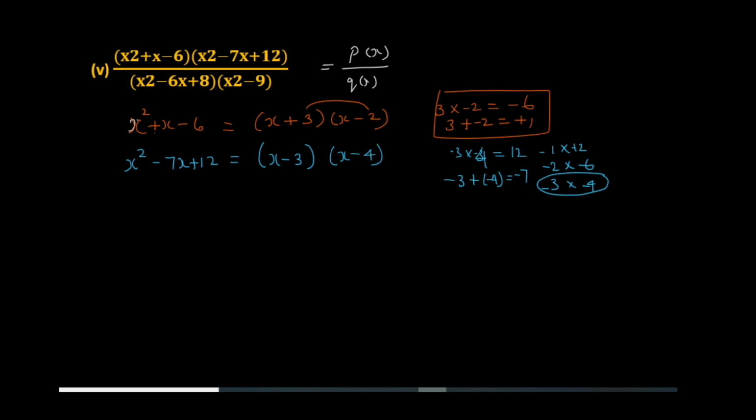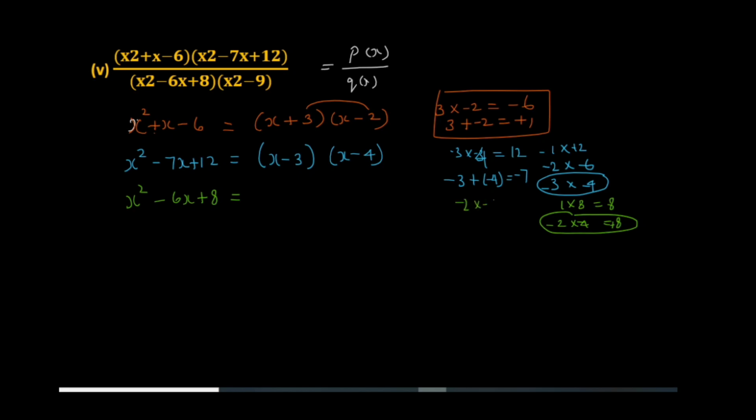These are the factors. Next, x squared minus 6x plus 8. That is, the product is 8 and the sum is minus 6. So 8's factors are 1 into 8, 2 4s are 8. Again, this is positive, the middle term is negative, so both are negative. These are the correct integers, minus 2 and minus 4.